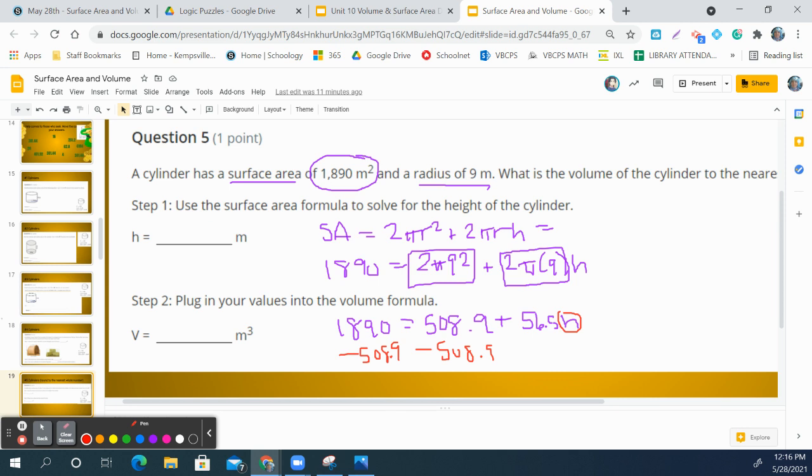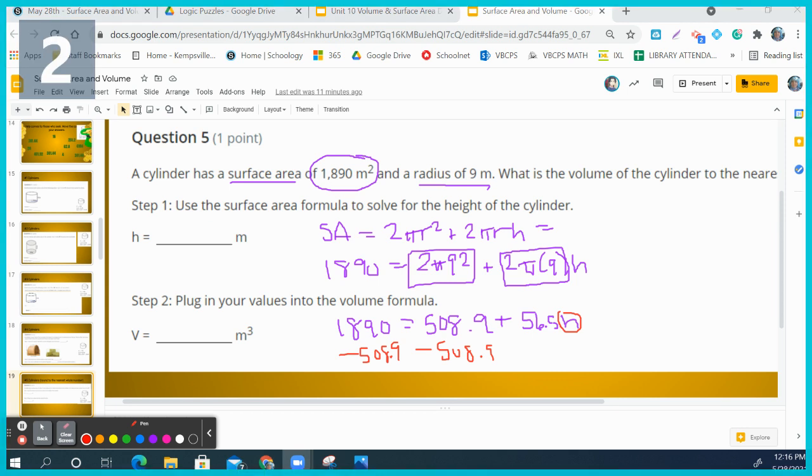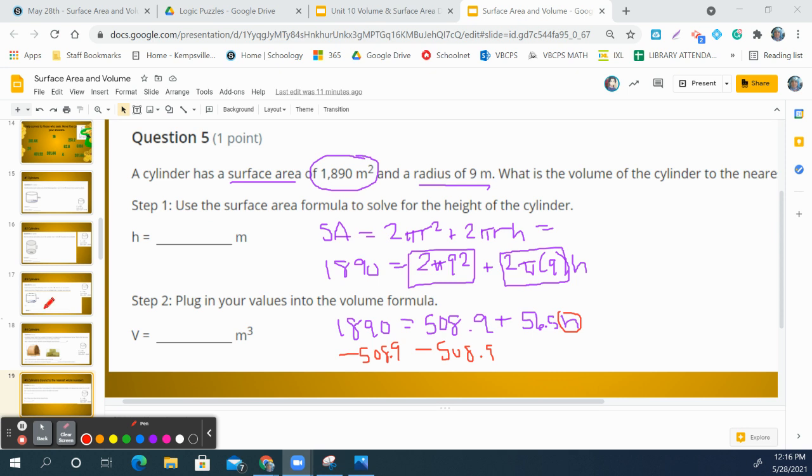I just realized, folks, out in Zoom I was not sharing, so let me share my screen. We're talking about number 5, and we just wrote down the surface area formula, and then we substituted in. So I substituted the 1890 for my surface area, and I substituted the 9 for my radius.